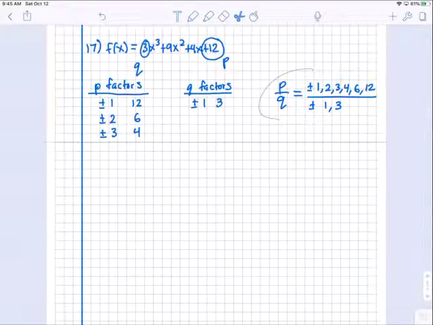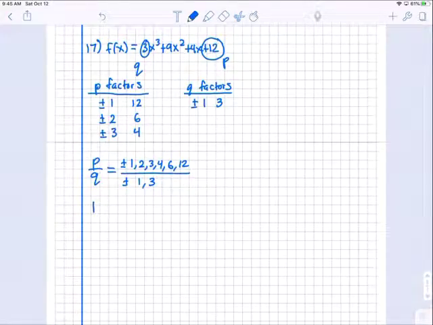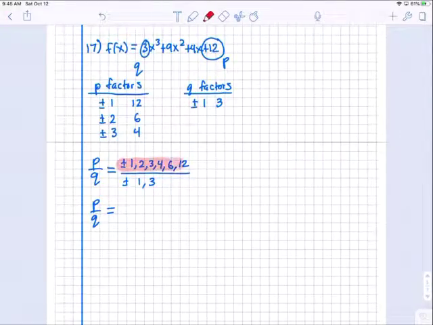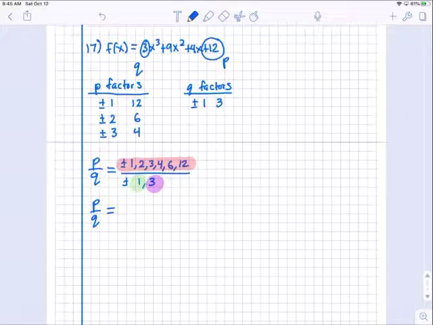Remember, I'm going to move it over here. We have to put every single one of these numerators over each denominator. So let's first do all the red numbers over the green. So 1 over 1 is plus or minus 1.